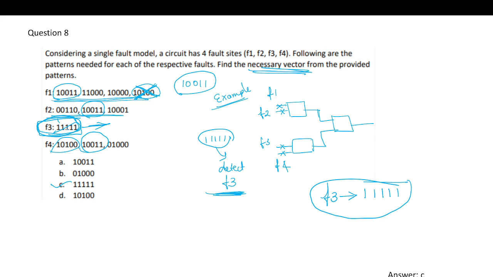But if I remove this, F3 will remain undetected. So it is a necessary vector. So not F3, this 5 ones is the necessary vector. Clear?